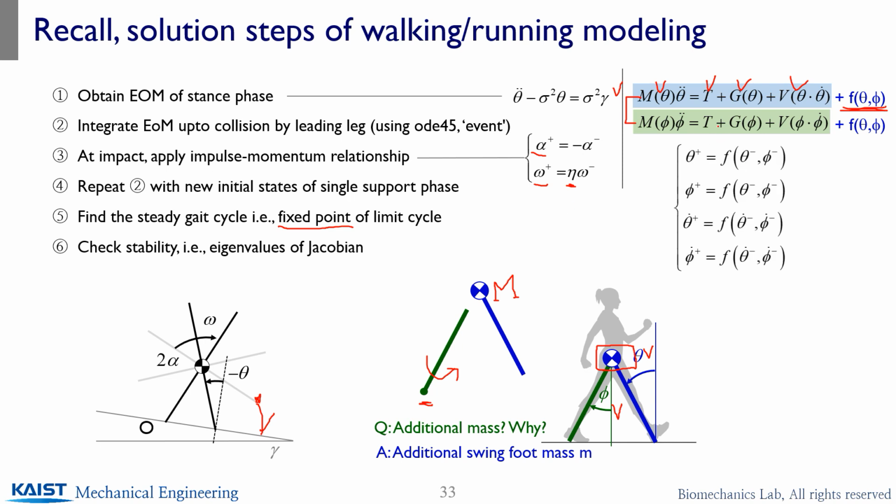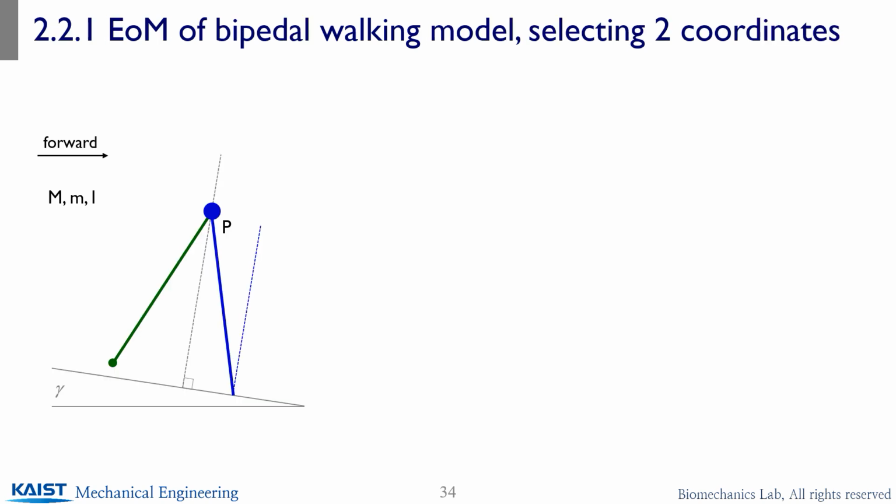Once we obtain the equations of motion, we are going to integrate up to the collision, and we are also going to derive how the after-collision parameters are determined from the before-collision parameters. So first, let's work on obtaining the equations of motion for the bipedal model.